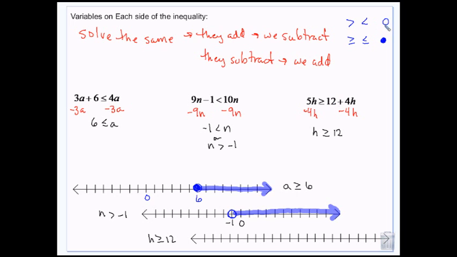This circle means that it doesn't include the number you've circled. This circle means it does include it. Okay, so I'll say this is 0, 2, 4, 6, 8, 10, 12. Closed circle, greater than. Questions on those at all?